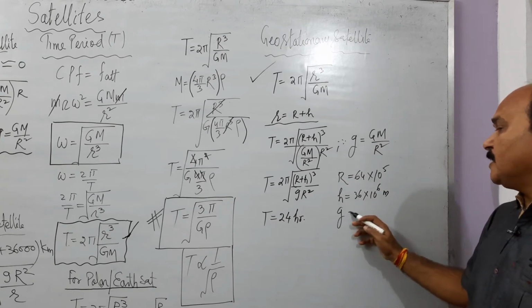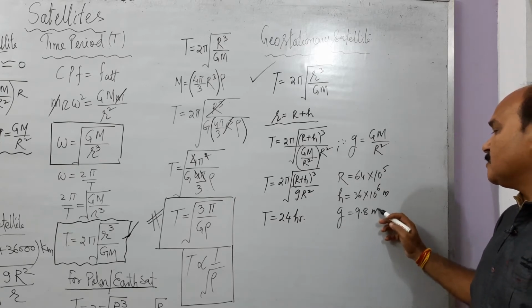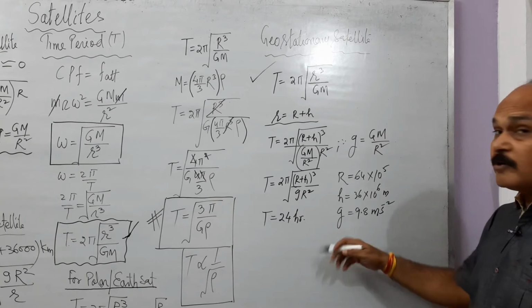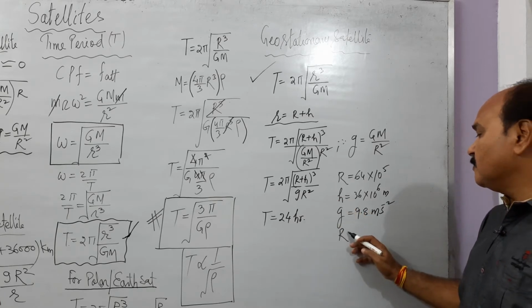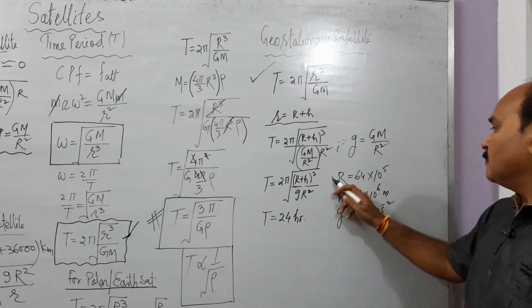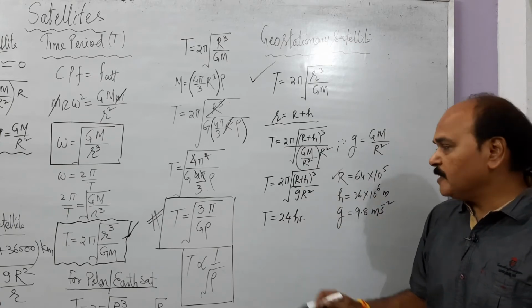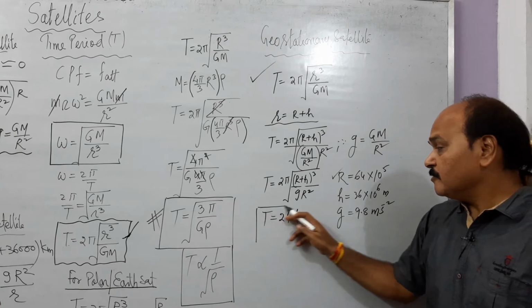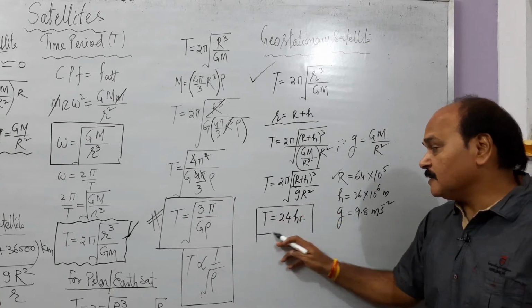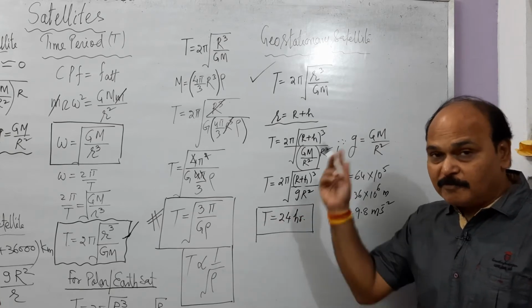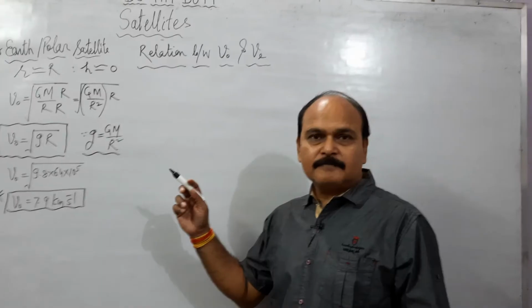G as 9.8 meter per second square for Earth's surface, and R we already know. So if we substitute all these values, we get the time period exactly equal to 24 hours. 24 hours is the time period of revolution of geostationary satellites.